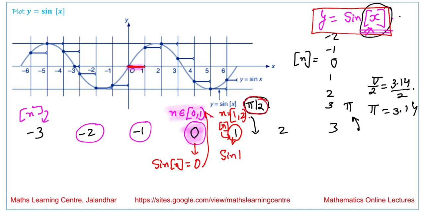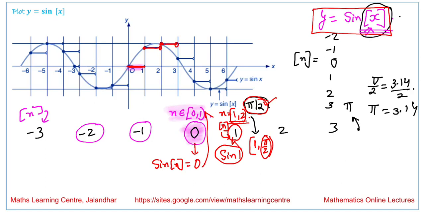We are not talking about the interval 1 to 2, we are talking about the interval 1 to pi by 2, because at pi by 2 the values will start decreasing. So the answer we have over here will be something like sine of 1. Then for pi by 2 the answer will be over here. Then for all other values the answer will be like this.